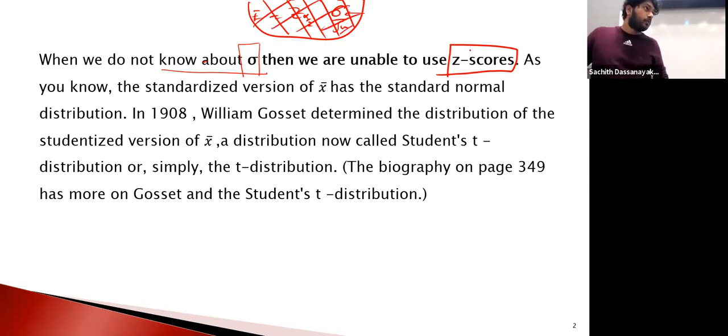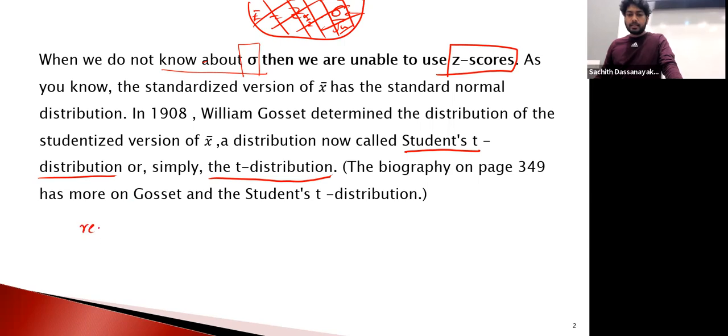But we have a way out, which we call the T distribution, or Student's T distribution. Another distribution, the T distribution, instead of the Z distribution. So now we are going to replace the Z distribution with the T distribution.